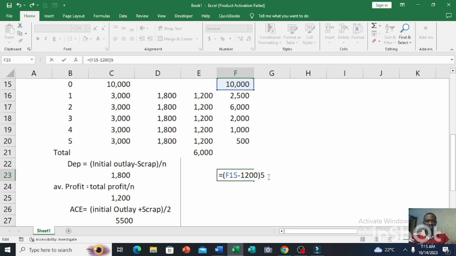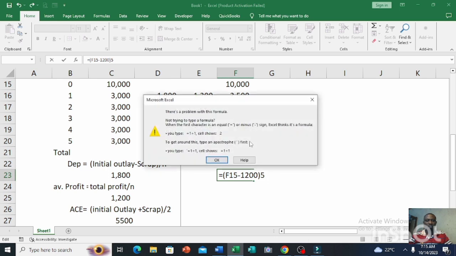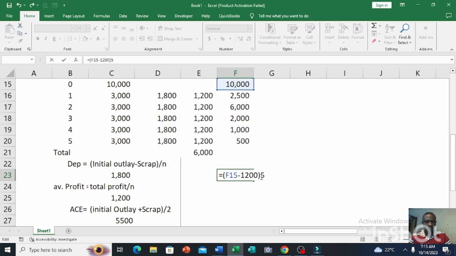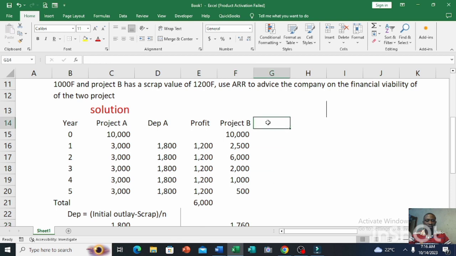Then you take it now divided by 5. We're going to have 1,760 as the depreciation of project B. So we come now and put depreciation of B. Year 0 does not have any depreciation, please.